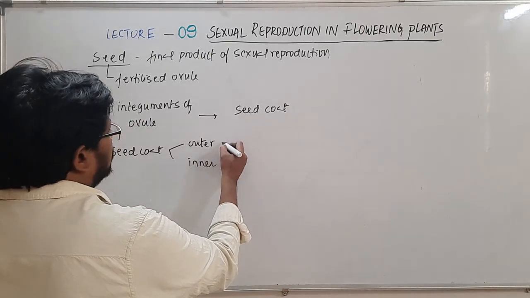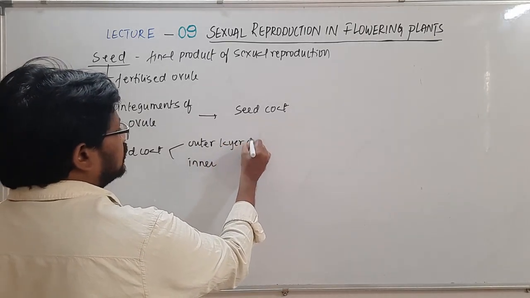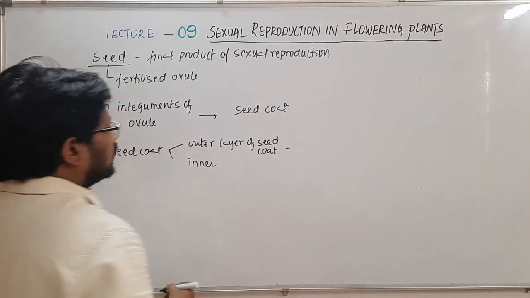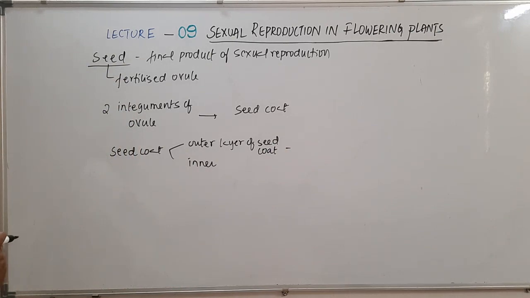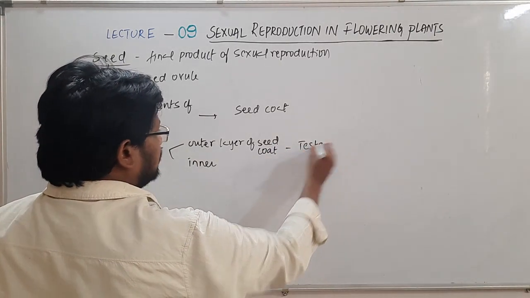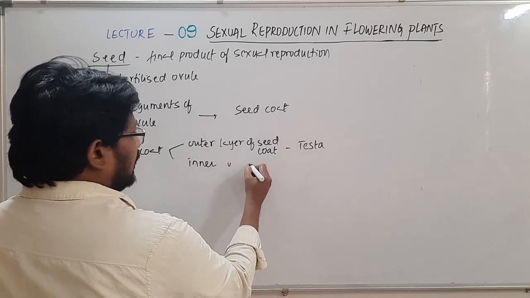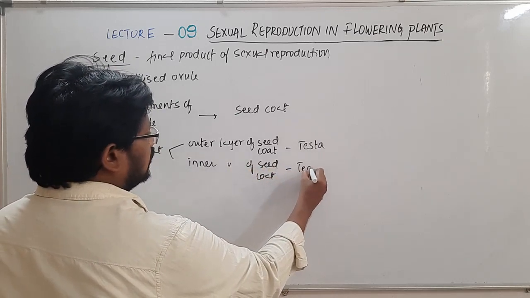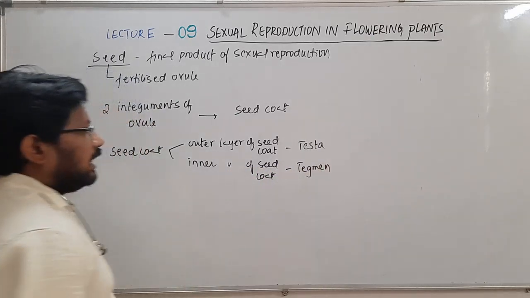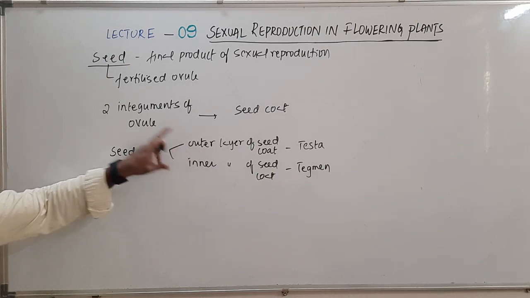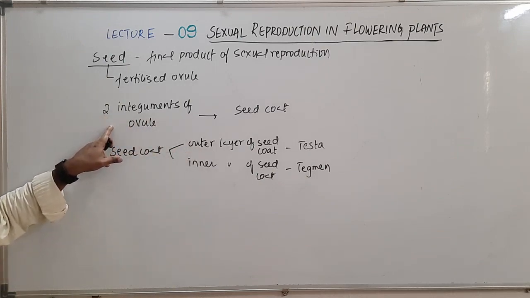That outer layer of the seed coat is called the testa, and the inner layer of the seed coat is called the tegmen. So the outer layer of the seed coat comes from the outer integument.